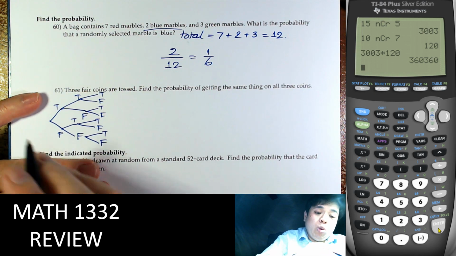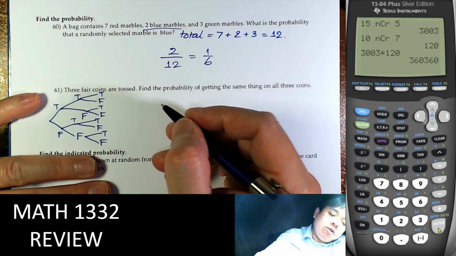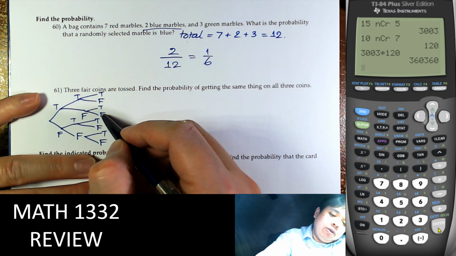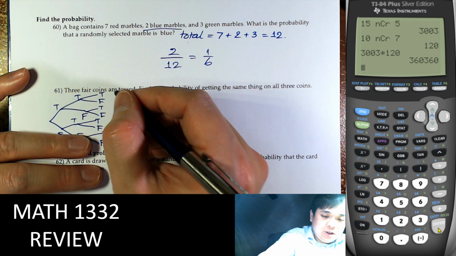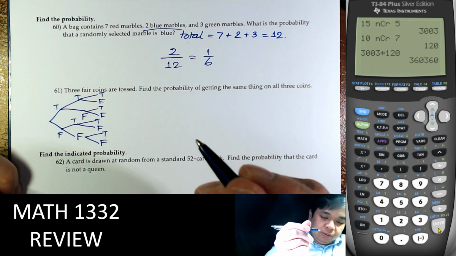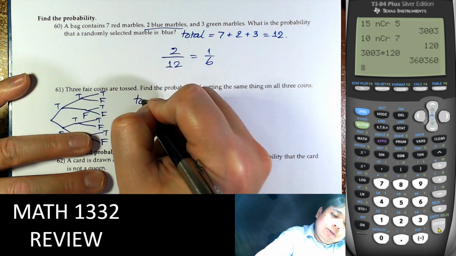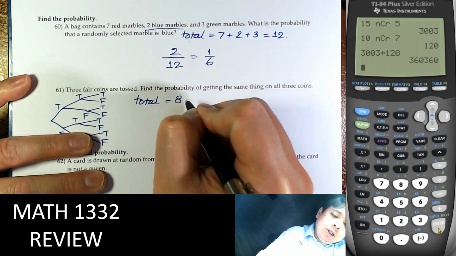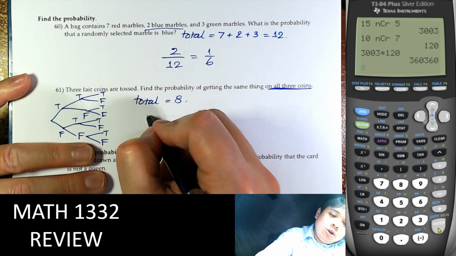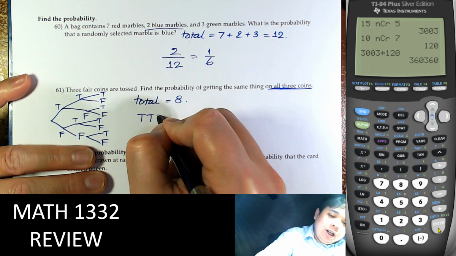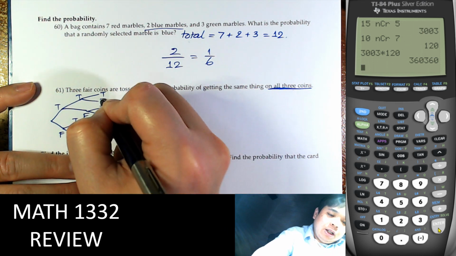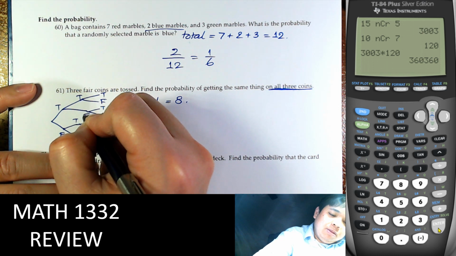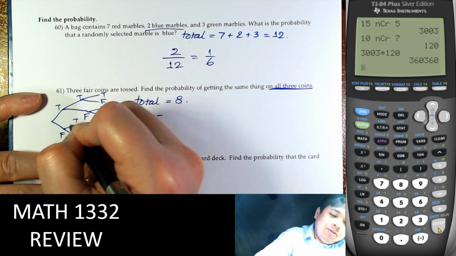Right, so if we list them, there will be 8 different scenarios, right? 1, 2, 3, 4, 5, 6, 7, 8. We'll just trace the paths, there will be 8 total. And we want the same thing on 3 coins, so we're talking about head and tail, not true and false.